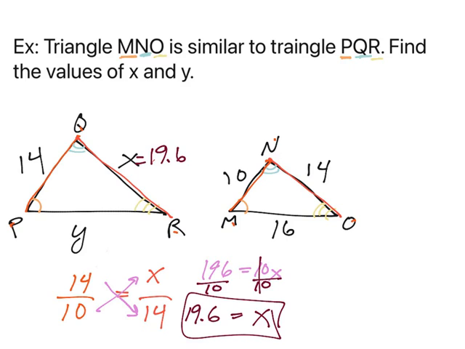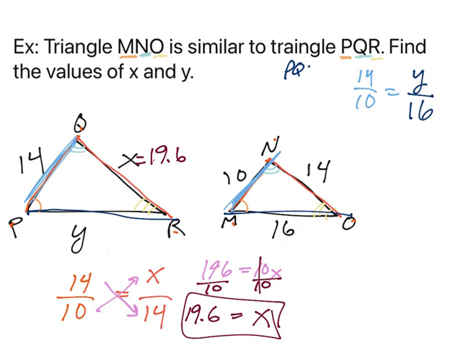Then we do the same thing for Y. You'll note I still have the ratio 14 to 10, right? PQ to MN. Always use what's given. And then I could say, okay, PR is Y, MO is 16. Again, you want to make sure you're staying consistent.